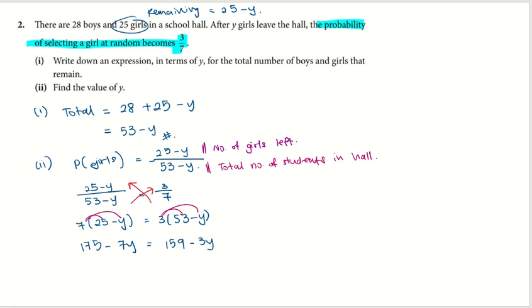Again, shift everything to one side. If you want, you can shift your y to the left and numbers to the right. That gives you minus 4y equals negative 16, and therefore your y is 4.